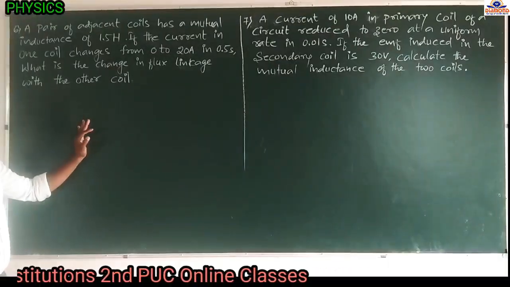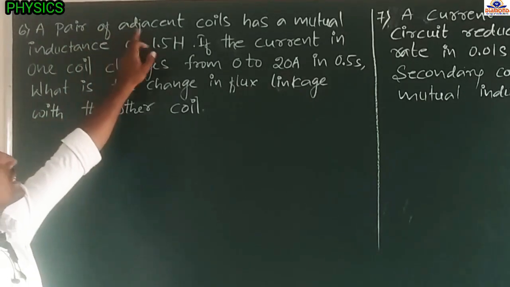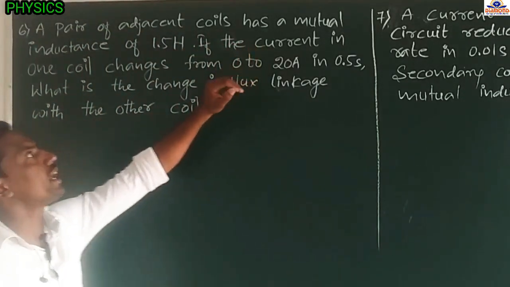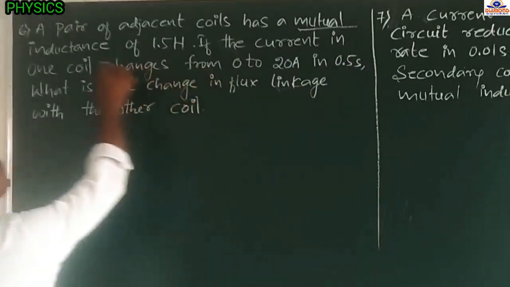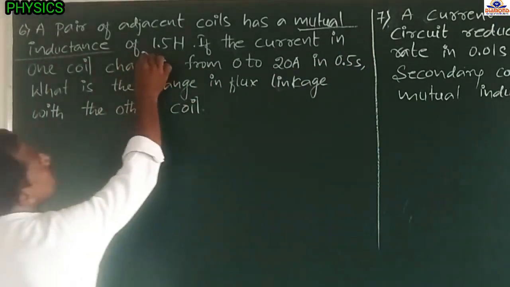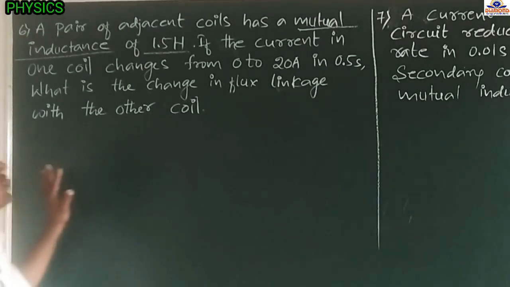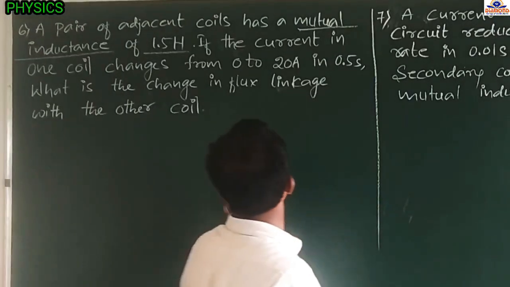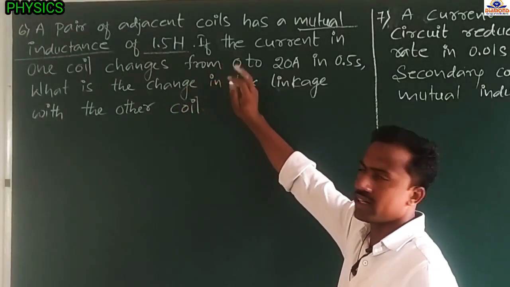The next problem, the sixth one. A pair of adjacent coils has a mutual inductance of 1.5 Henry.